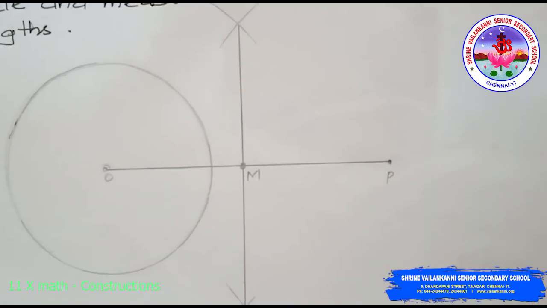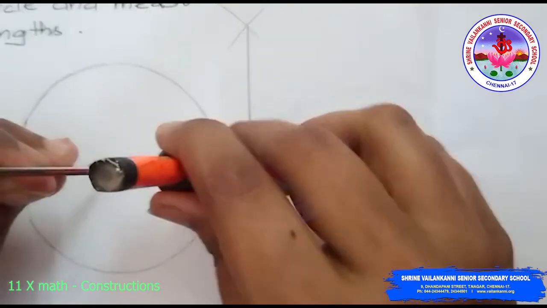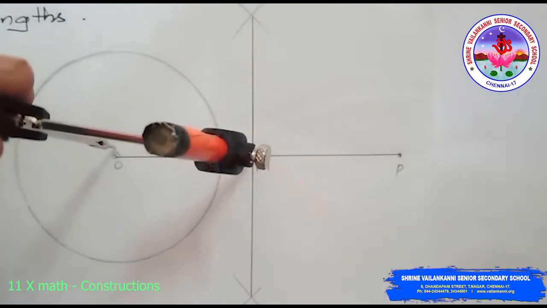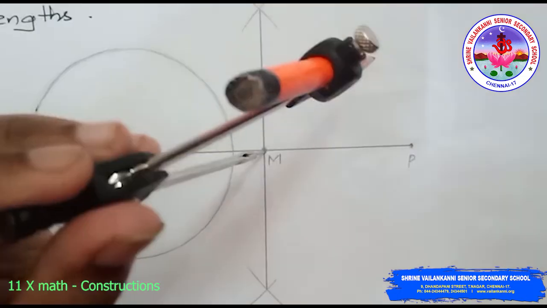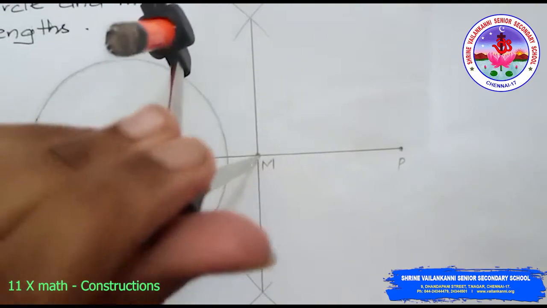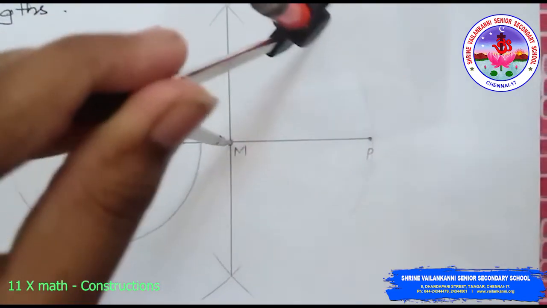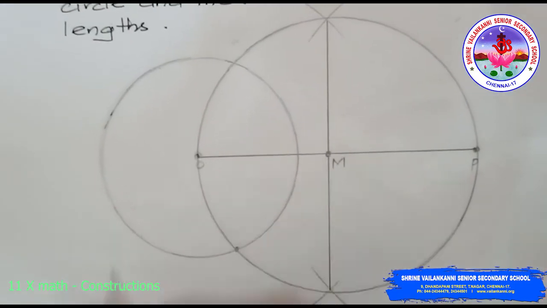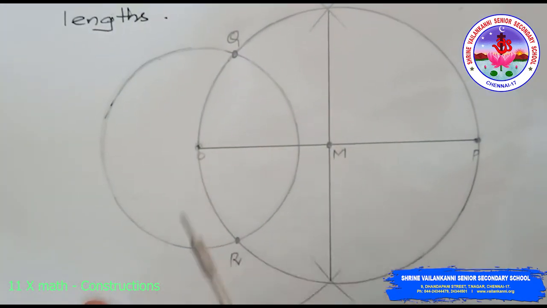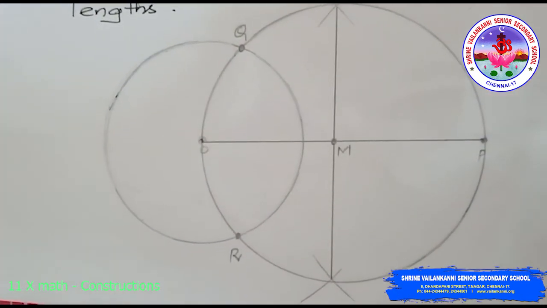I am going to take OM distance as my radius. Now I am going to keep my needle on the point M to draw a circle, so that the circle touches the points O and P. The two circles intersect at the points Q and R. From the external point P, join PQ and PR now.